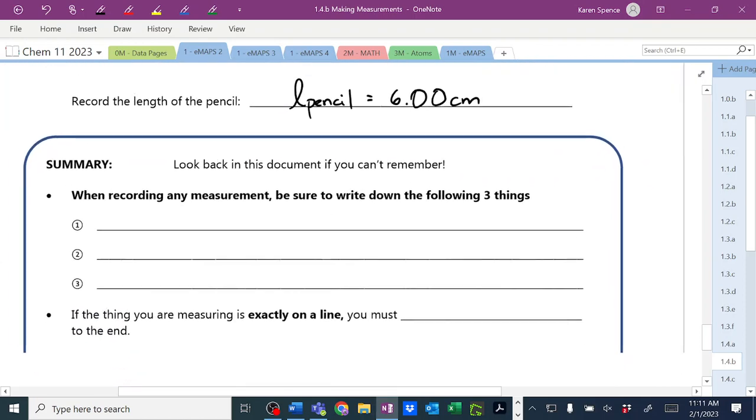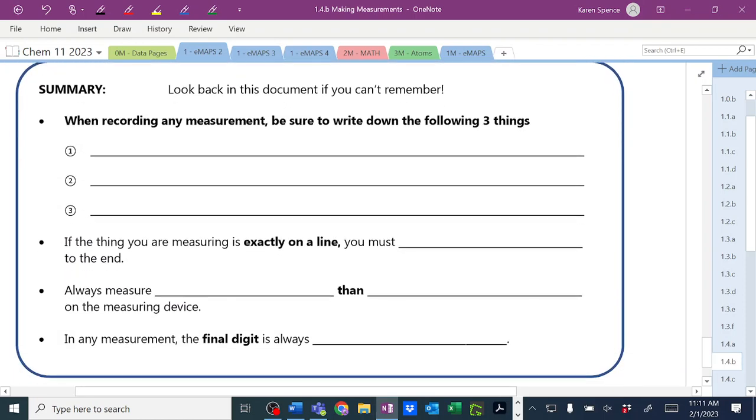Summary, look back at this document. If you can't remember, when recording any measurement, be sure to write down the following 3 things. See if you can fill that in.